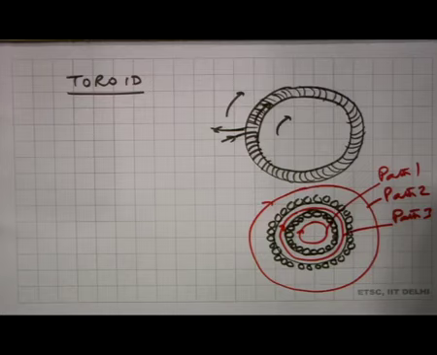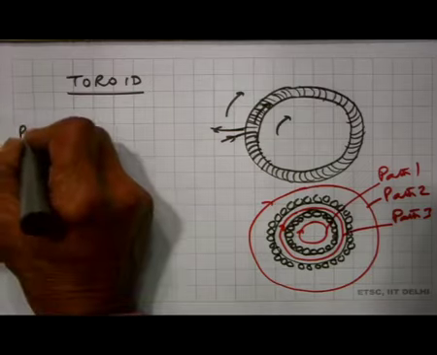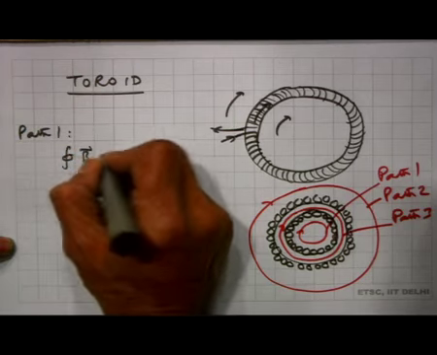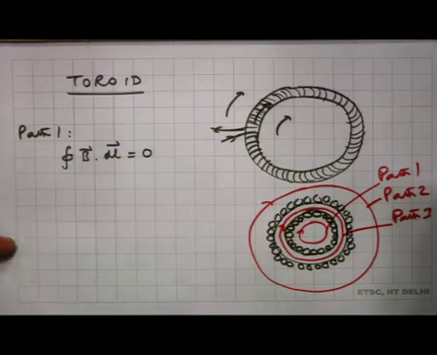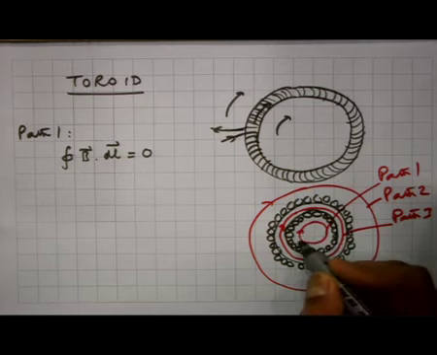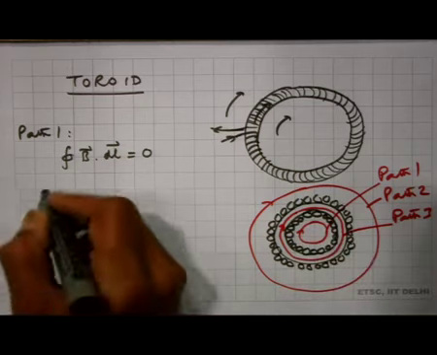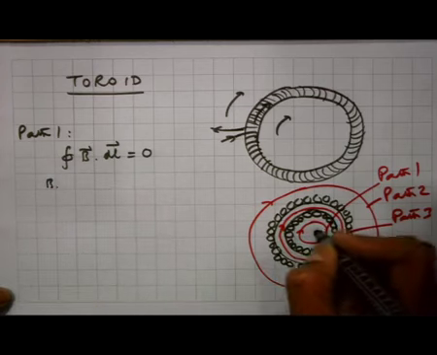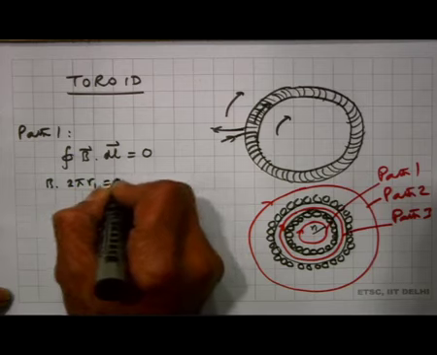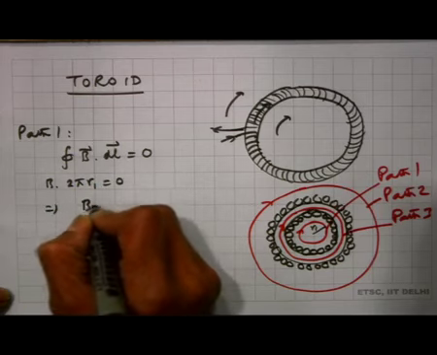Now, you can see that for path 1, integral B dot dl must be 0, because path 1 does not enclose any current carrying conductor. If the magnetic field has only this component and my integration is along this direction, this must be equal to B times 2 pi r1, if the radius is r1, equal to 0, which implies B is equal to 0.